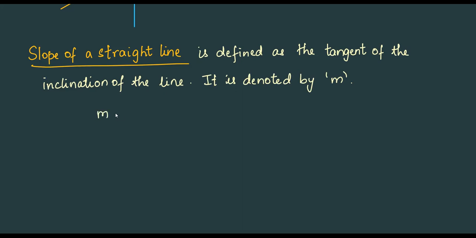So m is tan theta. Slope m is tan theta, and it doesn't have any dimension. It is a dimensionless quantity. Slope is also called the gradient of the line.